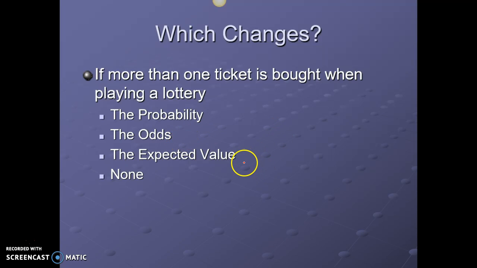Does the expected value increase, decrease, or stay the same? Or do none of these change at all? Or do they all change, and how do they change? This will be a question to think about. It will be a final exam question. So think about it, and perhaps we'll come up with an answer. Think in terms of what each one of these means, and then if I buy more tickets, are any of these or are all of these influenced by it?